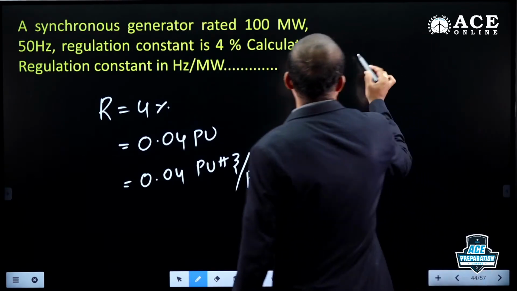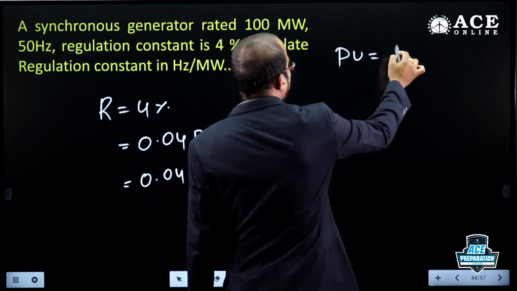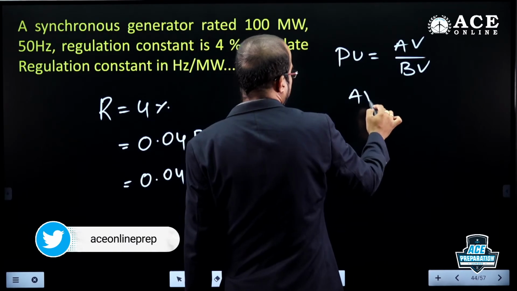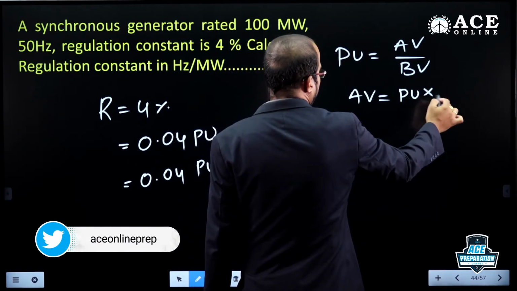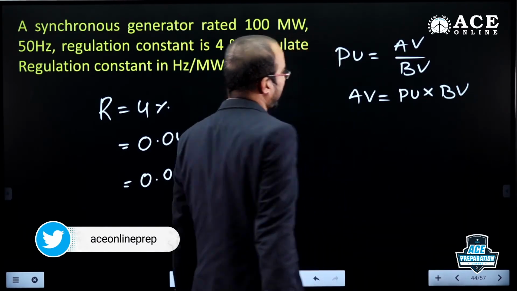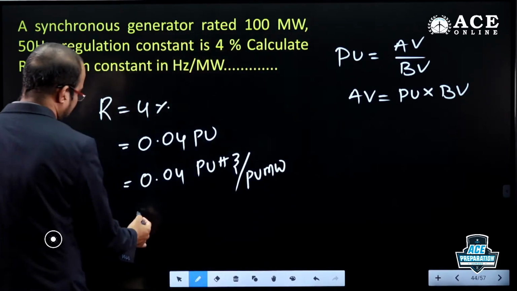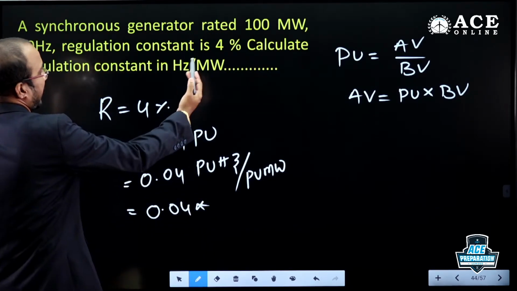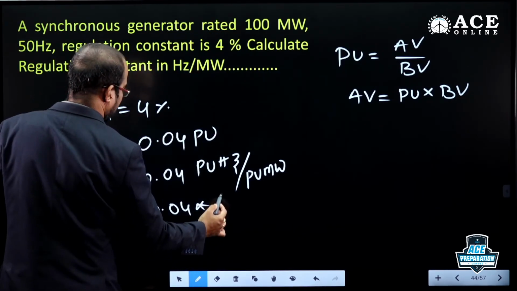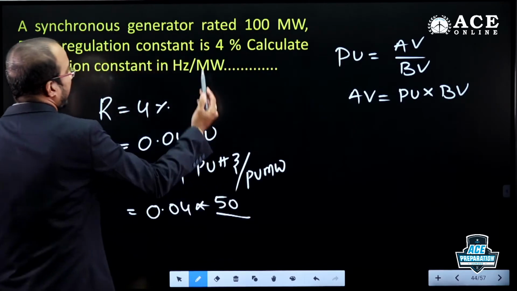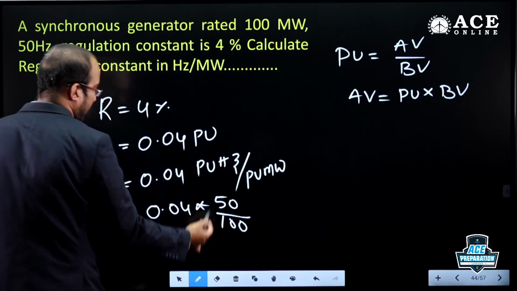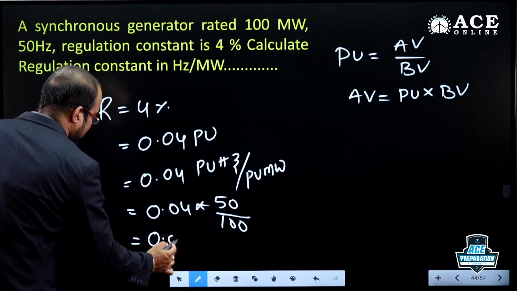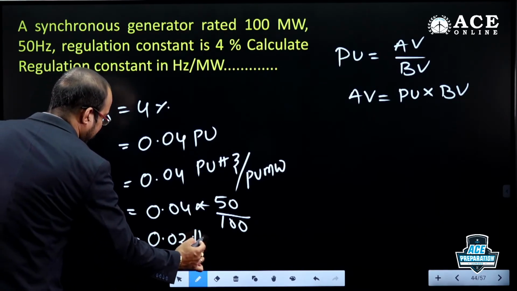So how do you calculate it? Per unit value is equal to actual value divided by base value, so the actual value is the per unit value multiplied with the base value. You can write this as 0.04, the base frequency is 50 hertz, and the base power is 100 megawatt. So the value of regulation is 0.02 hertz per megawatt.